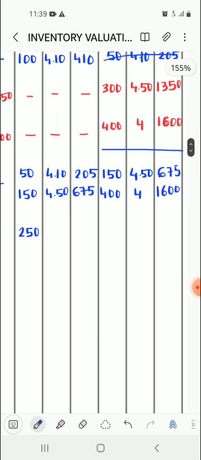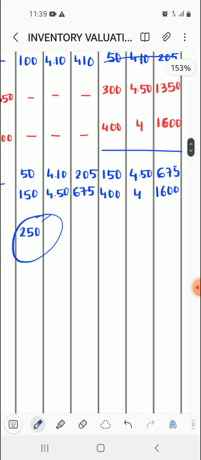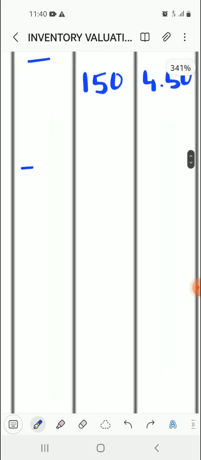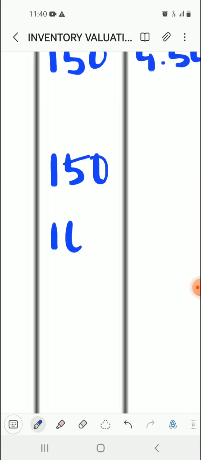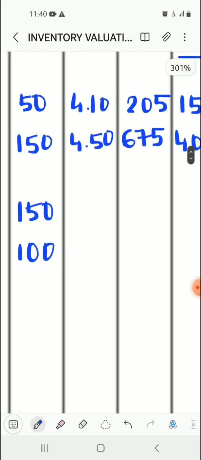Now this 250 will be first taken from the first lot, that is this 150 lot, and the rest 100 will be taken from the latest lot. So let's split it into two parts, 150 and the remaining 100.